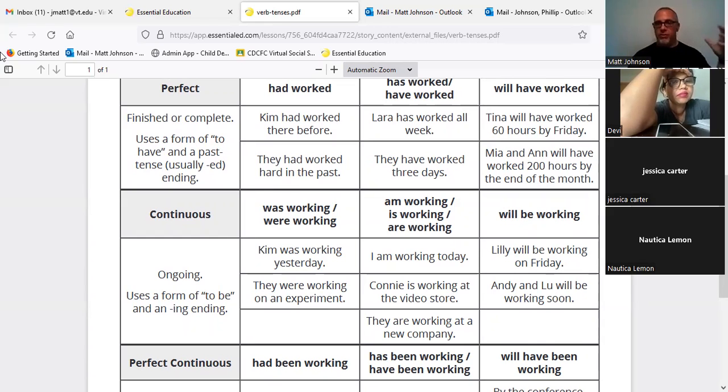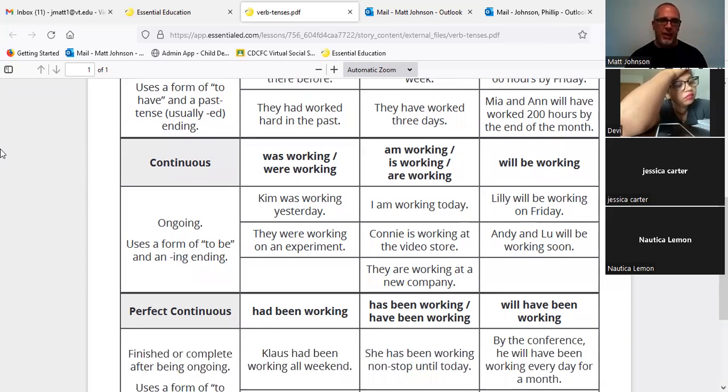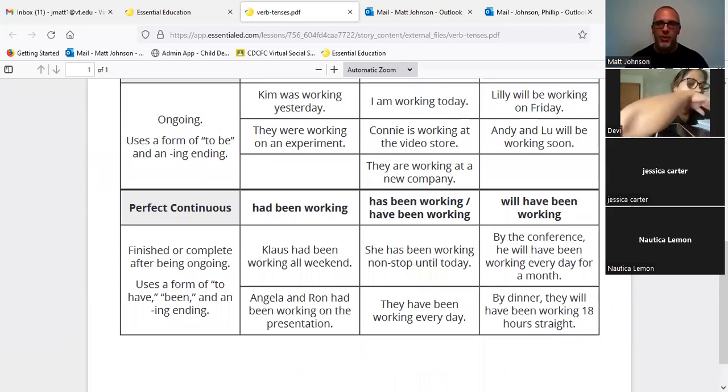So it's something you could use at any time to reference if you're having any type of confusion about that. So it's basically adding to not just when that action occurred, but you could look at it as the status of that action, whether that work's been completed, whether it's ongoing, or whether it's happening at a certain point where it had been completed. That's the way to look at it.